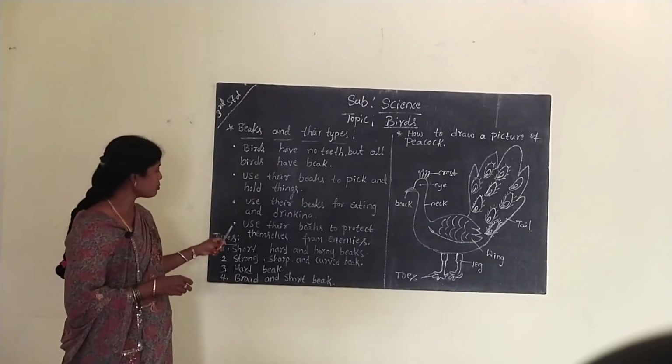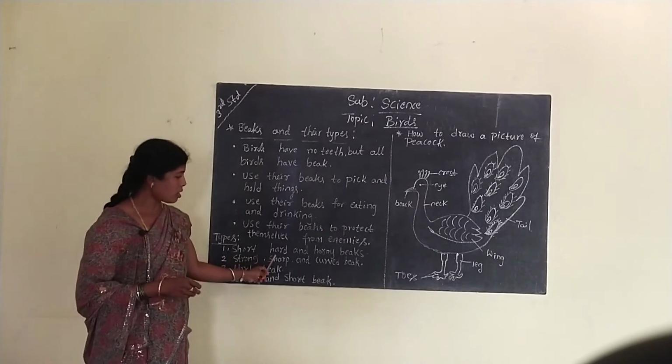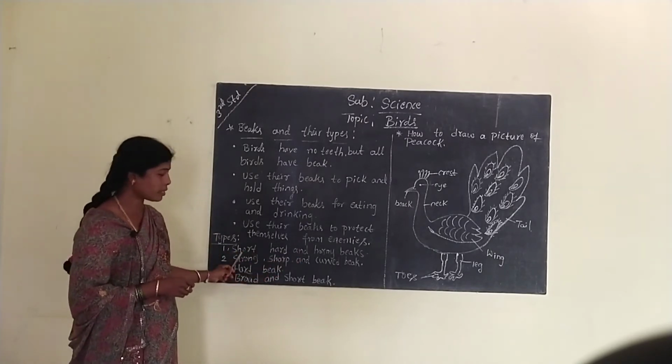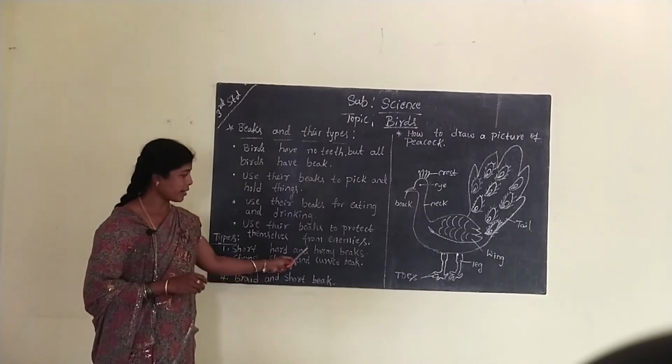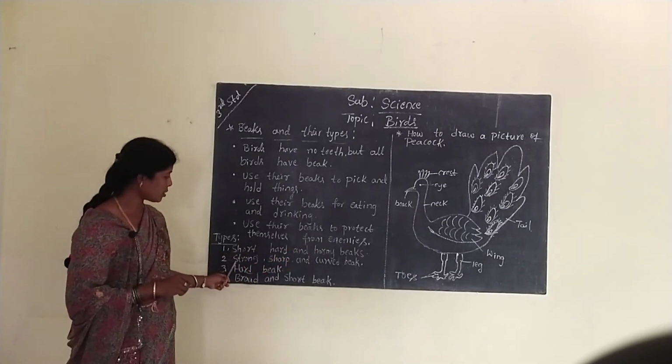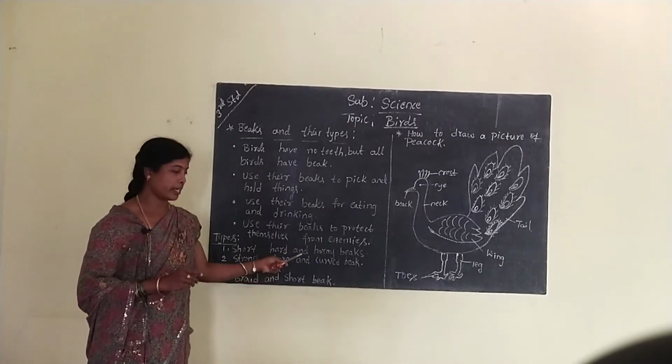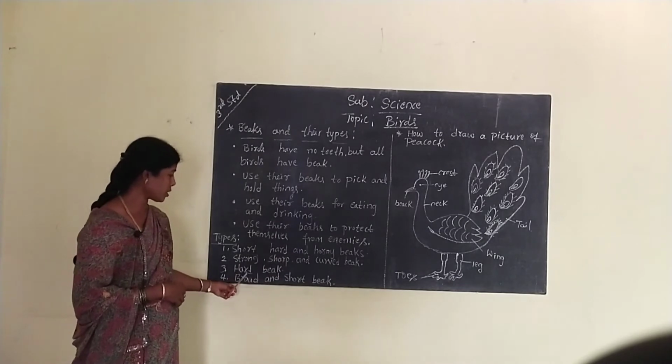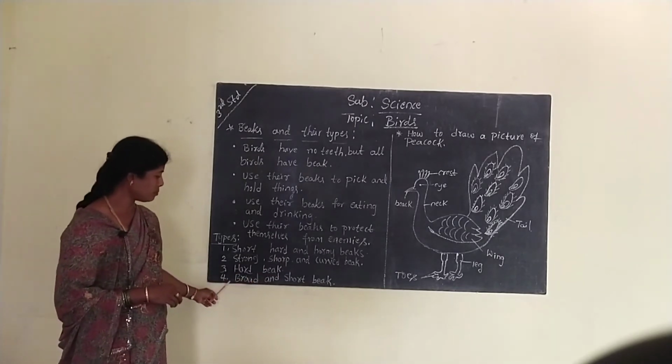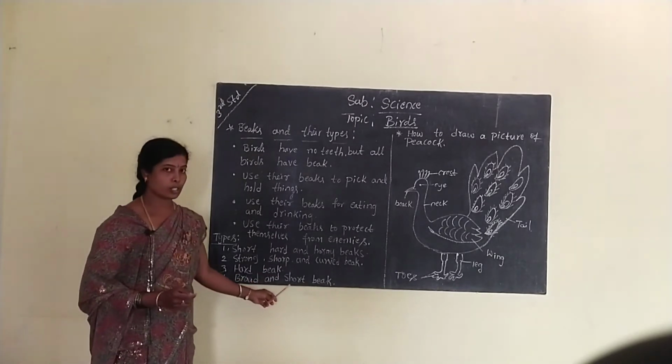And which are the types of beaks? Some birds have short, hard and horny beaks. Some birds have strong, sharp and curved beaks. And some birds have hard beaks. And some birds have broad and short beaks.